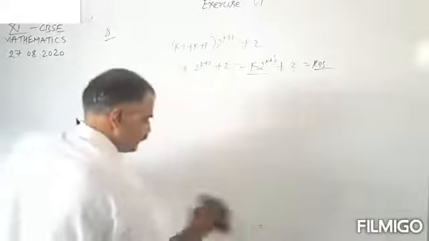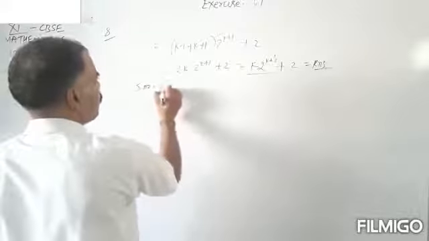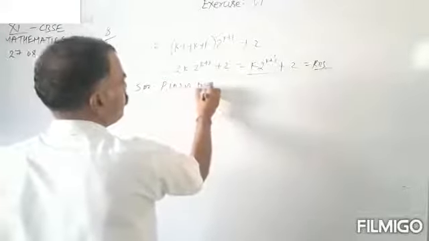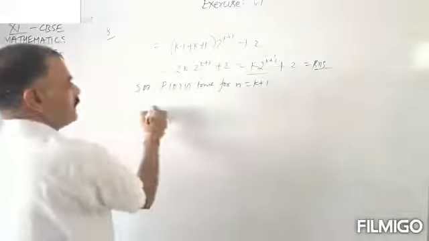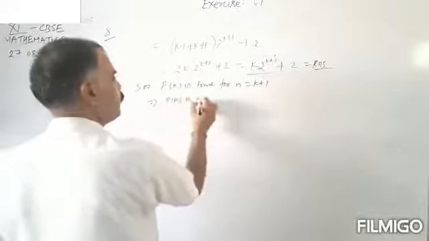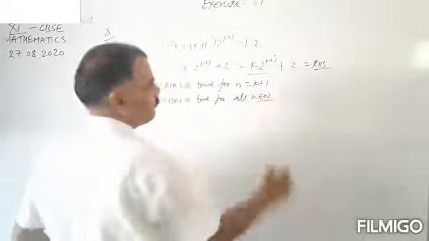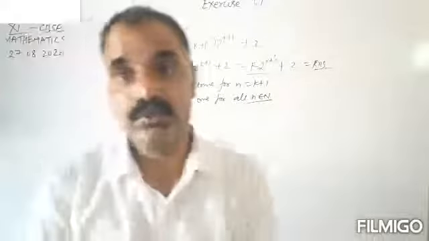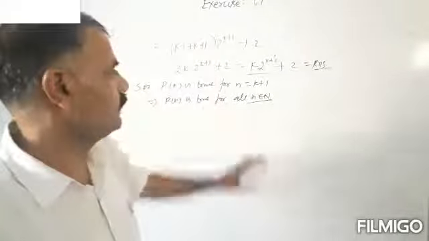So the given statement Pn is true for n equals k plus 1, which implies that Pn is true for all n belonging to N, the set of natural numbers. That is what we wanted to prove. So this is the solution of the given question number 8.